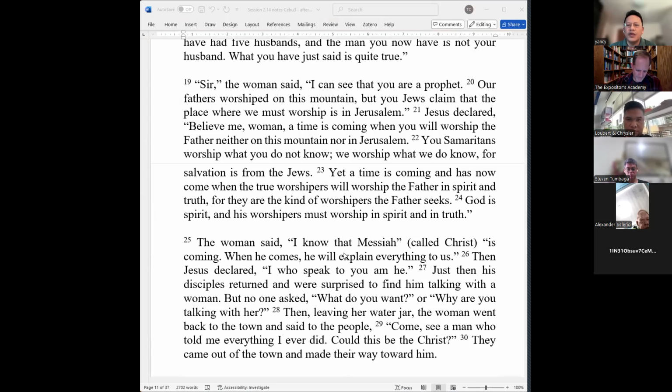We worship what we do know, for salvation is from the Jews. Yet a time is coming and has now come when the true worshippers will worship the Father in spirit and in truth, for they are the kind of worshippers the Father seeks. God is spirit, and his worshippers must worship in spirit and in truth."